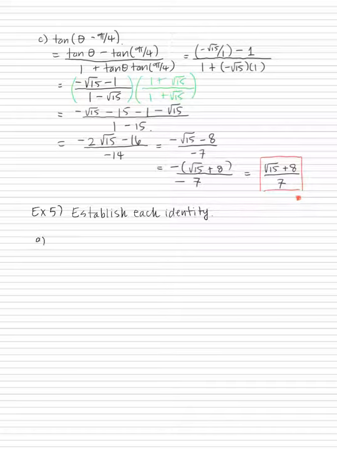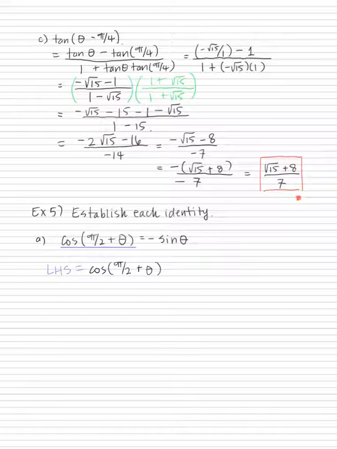All right, so let's take a look at A. Cosine of pi over 2 plus theta equals negative sine of theta. So again, you're going to have to choose either the left-hand side or the right-hand side. So I'm just going to go with the left-hand side. Okay, so left-hand side equals, always write down the problem again, cosine of pi over 2 plus theta.